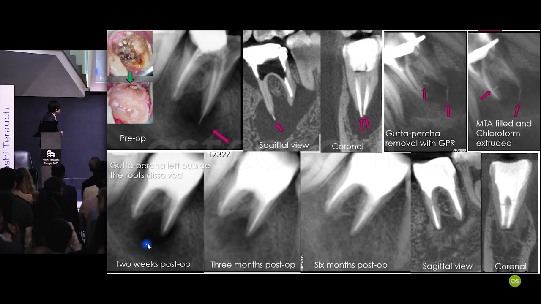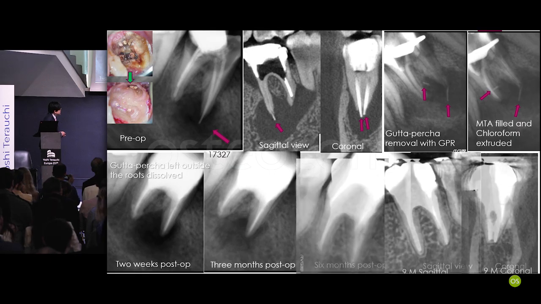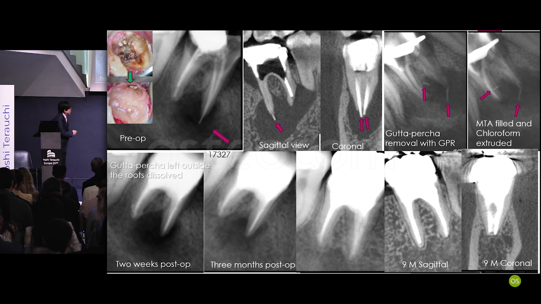But when I took a radiograph 2 weeks after filling the root canal, no more. 3 months, 6 months. Then I took a CBCT, but there was no gutta percha. And this is 9 months post-op showing nice periapical healing. Gutta percha completely disappeared.